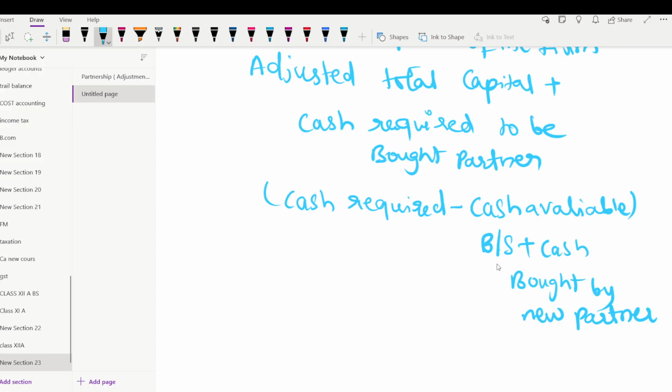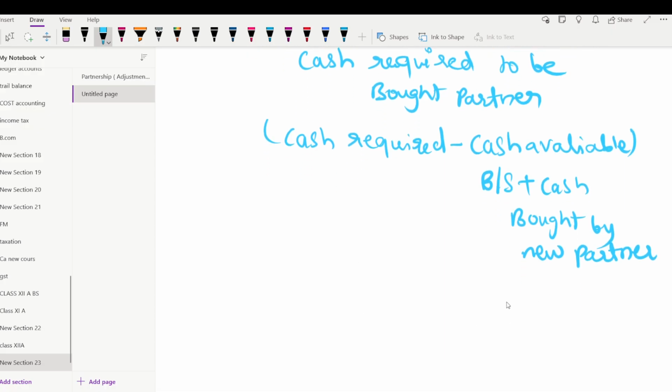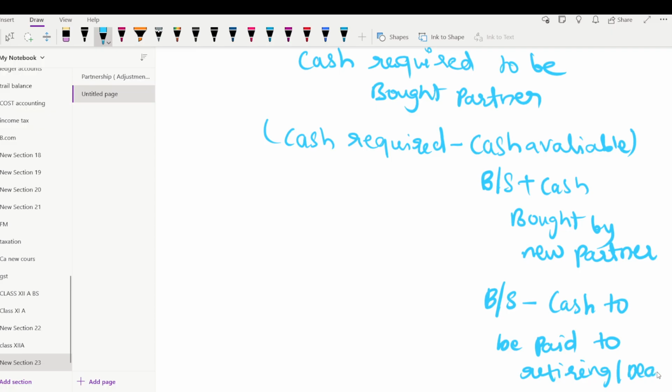In case of retirement, cash available in the balance sheet minus cash to be paid to the retiring partner.